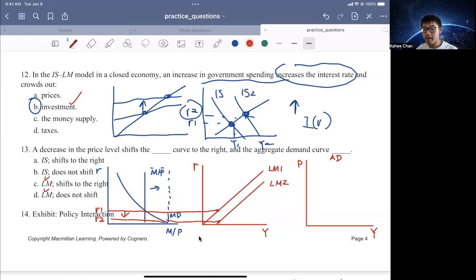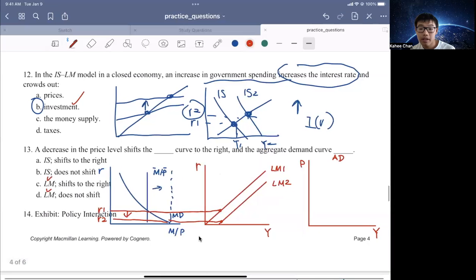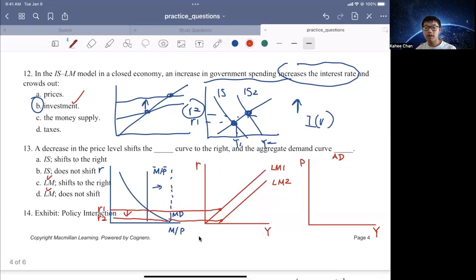I forgot to mention one thing, is that when we are deriving the aggregate demand curve, we have to think about the IS also. We always have to think about the IS and LM curve. So here is the IS curve, right?